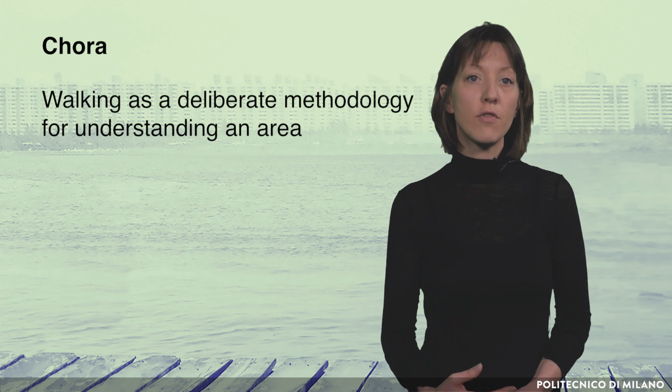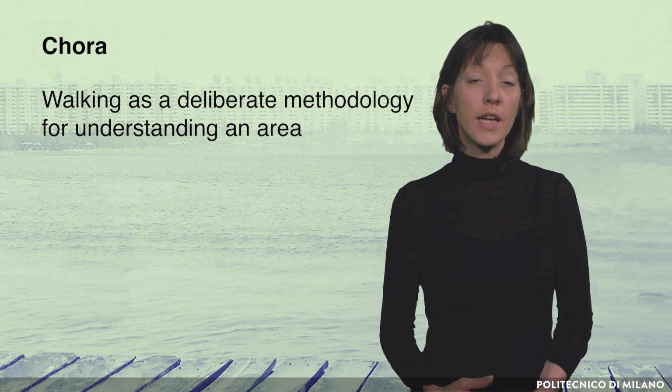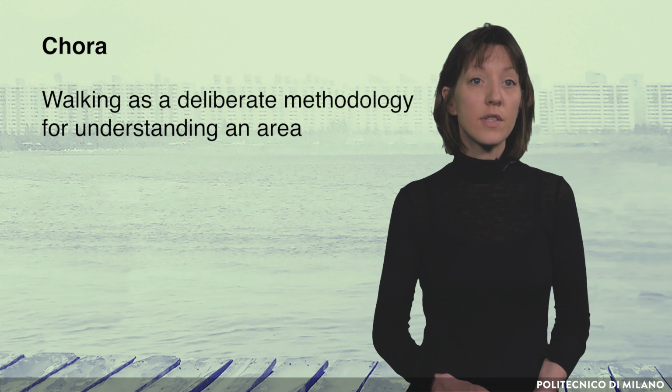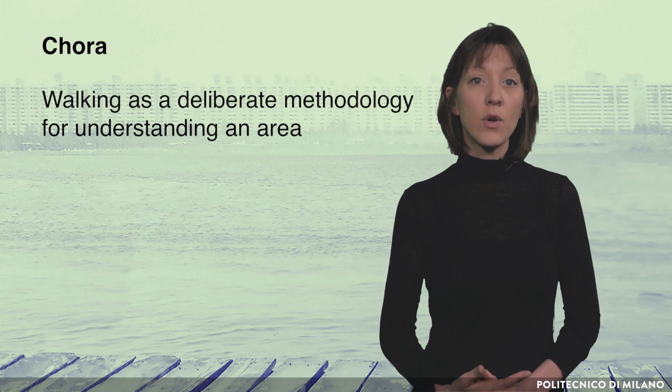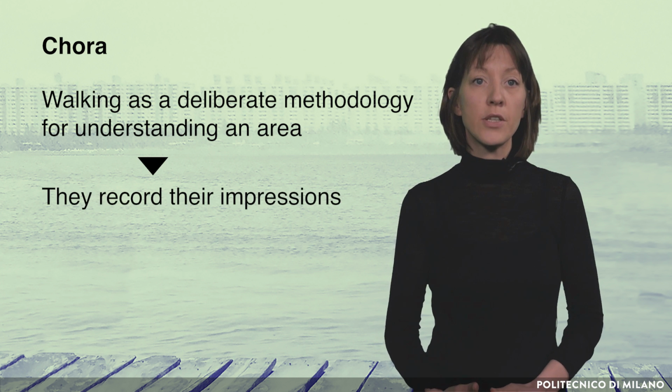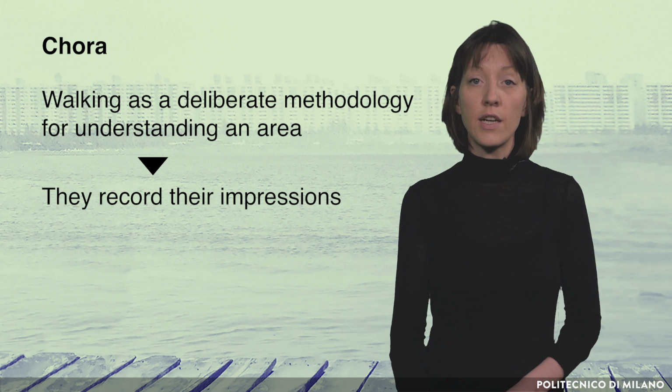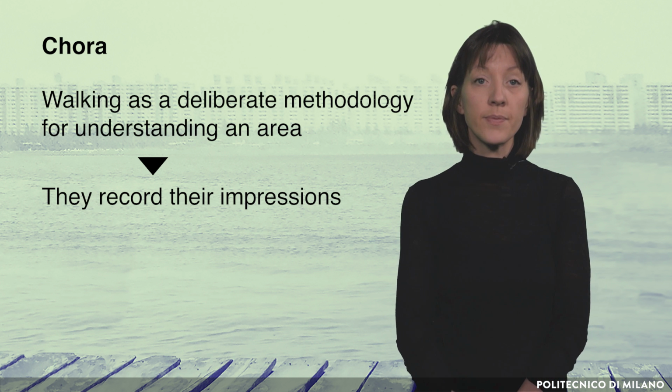The architectural group Cora create maps that use the act of walking as a deliberate methodology for understanding an area. They use architectural drawing conventions, such as sections and elevations, to guide their walks, and then through close observation, they record their impressions in corresponding sectional and elevational drawings.